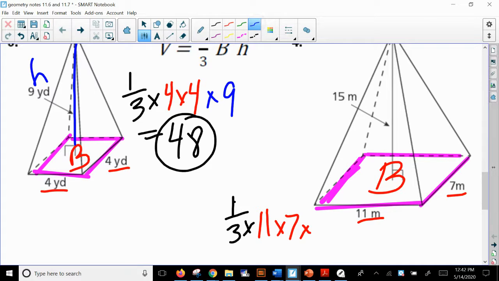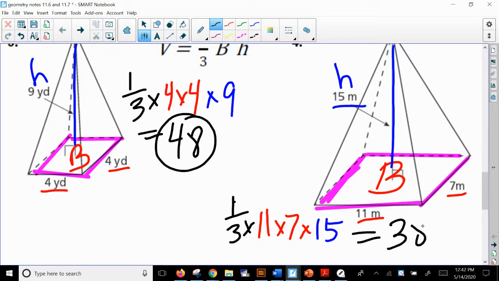The height of the pyramid is 15. This is my height. Throw it all in the calc, and I have 385.